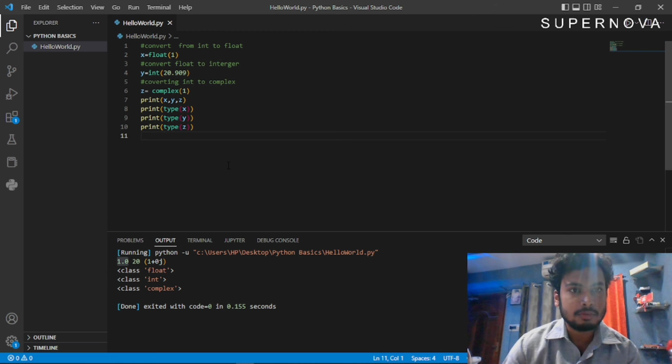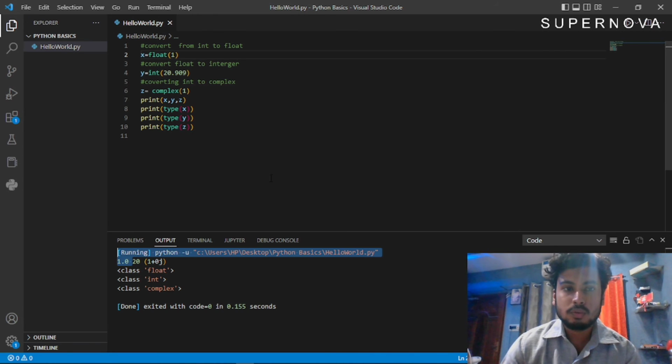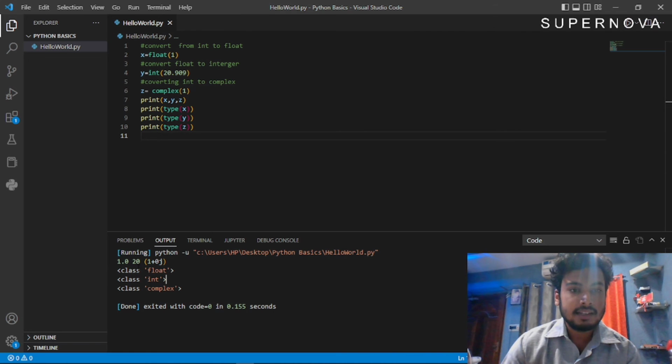No, I can't put a comma over there. So x was 1 and it's printing 1.0. Y was 20.909. It's printing 20 because it was a float which is converted into an integer.